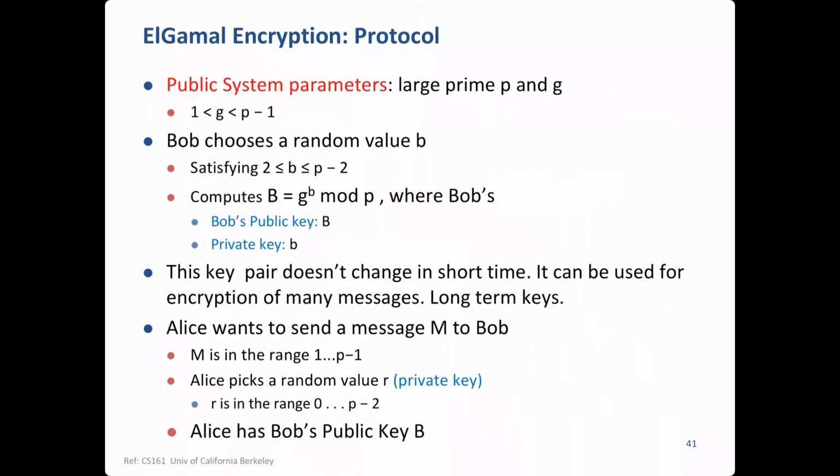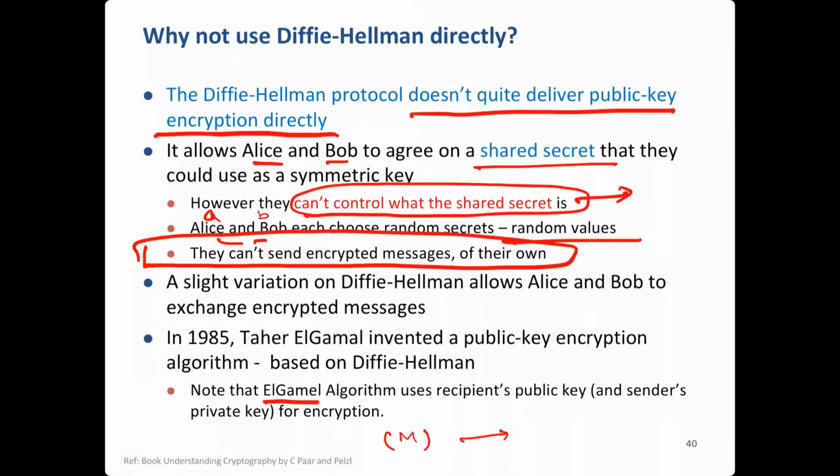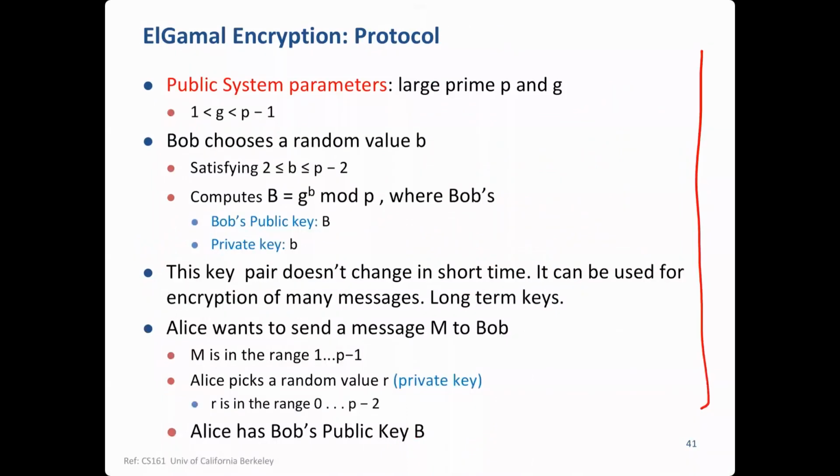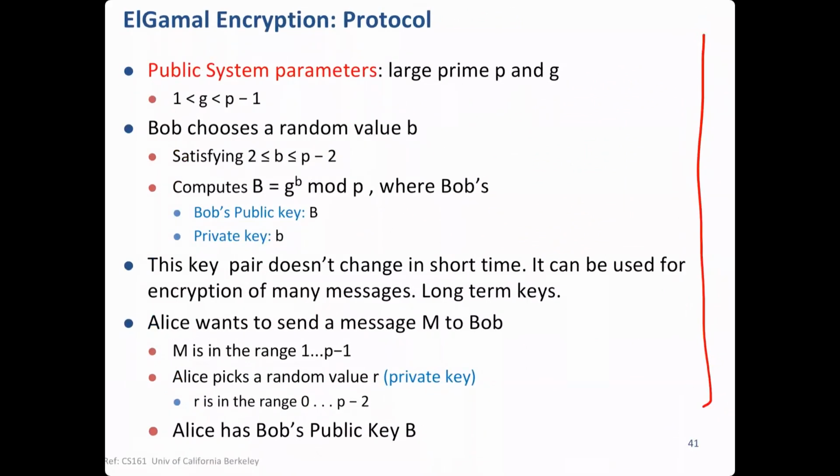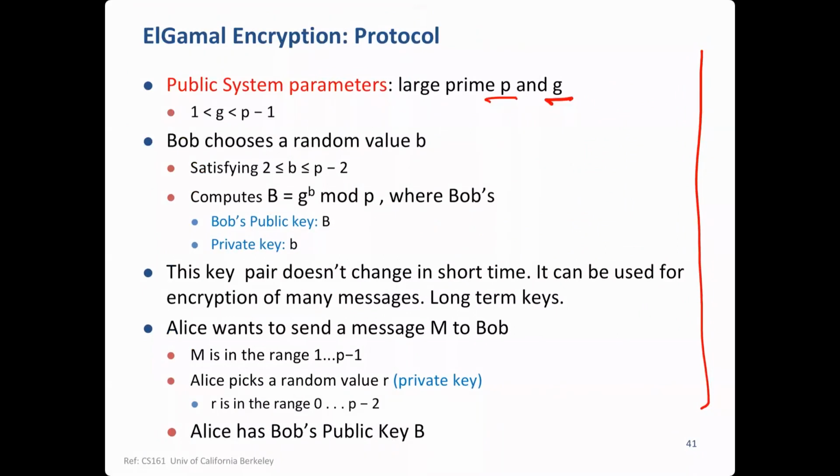So we have the ElGamal algorithm, which is based on a small trick over the Diffie-Hellman algorithm. Now many people say that the ElGamal algorithm came almost at the same time, but we will not get into all those discussions, right? So the first part is the same. The public system parameters are P and G. Everyone knows this.